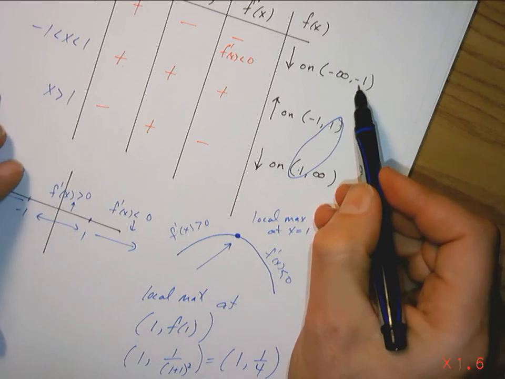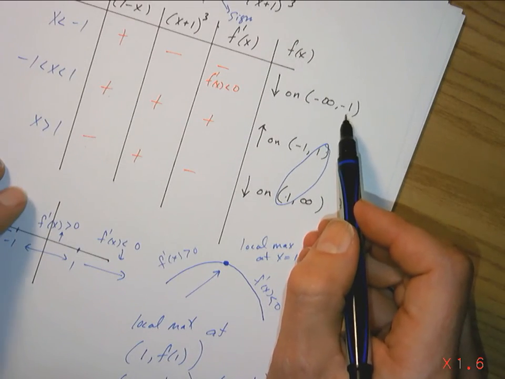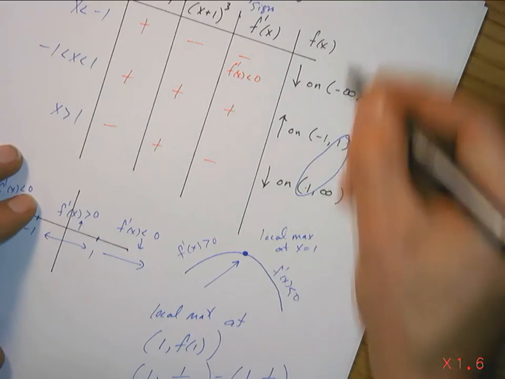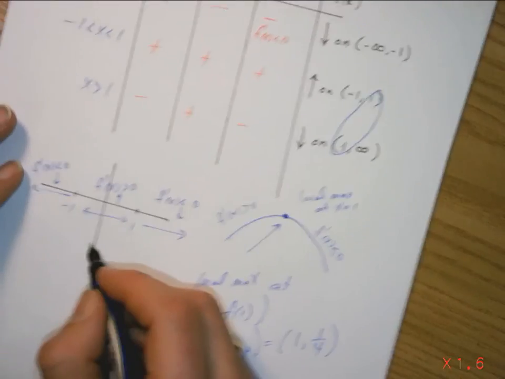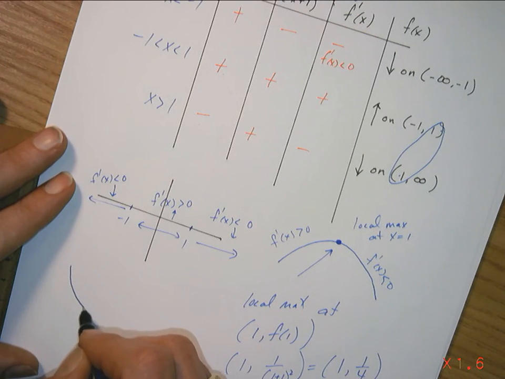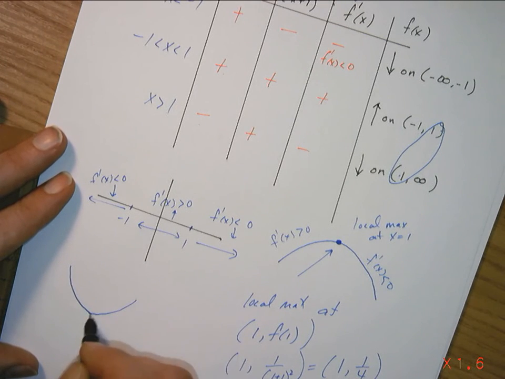Now, here, we have the same sort of interesting thing happening. I go from decreasing to increasing. So you would think that I've got something happening like this. I'm going from decreasing to increasing at this -1 spot.